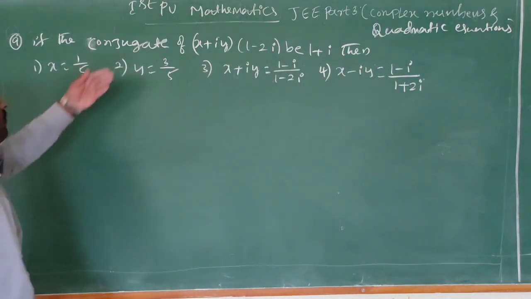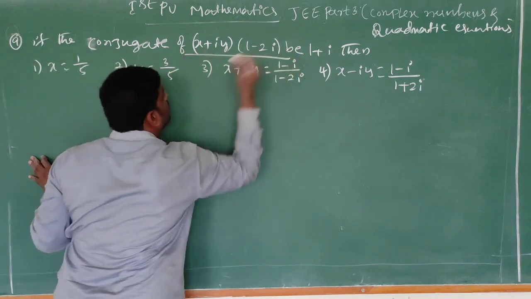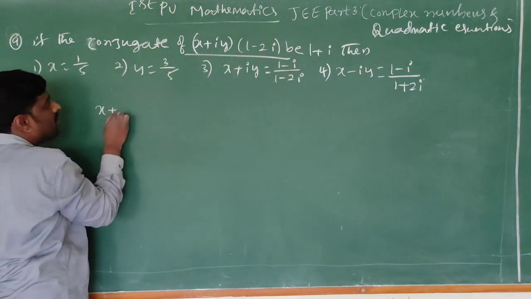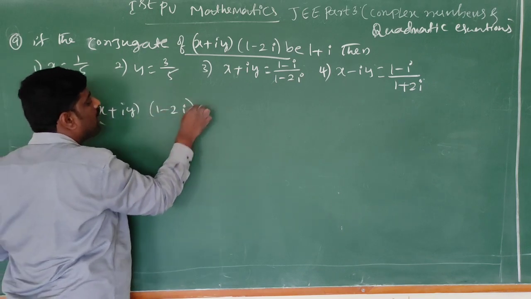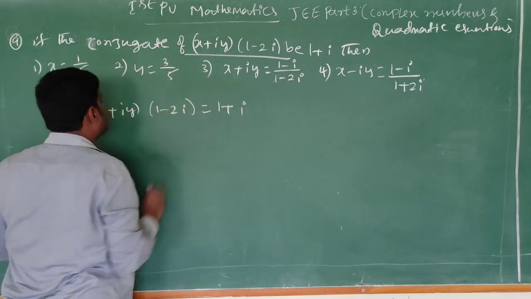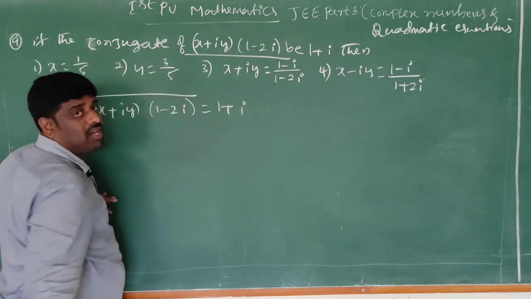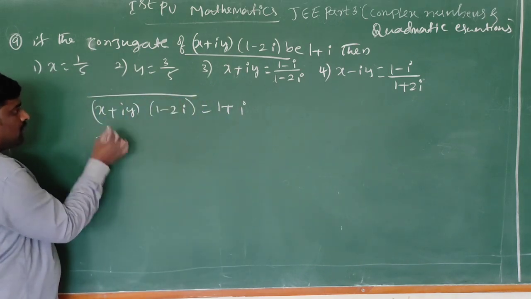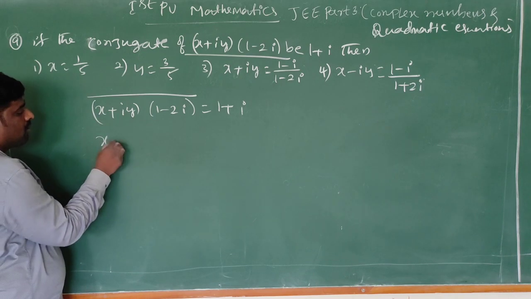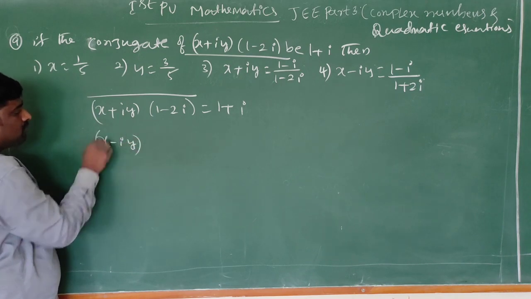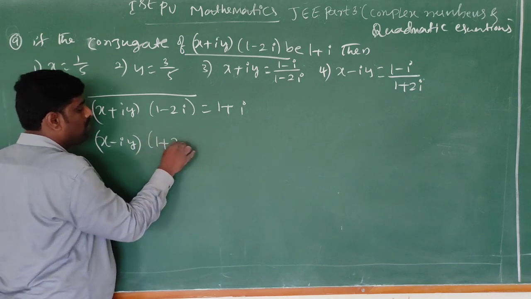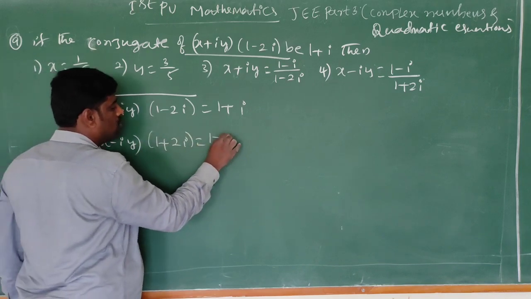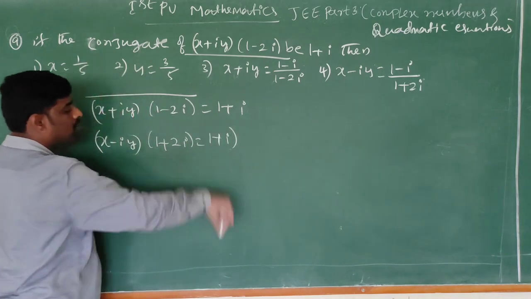Dear children, conjugate of this number x plus iy into 1 minus 2i is equal to 1 plus i. For this, the conjugate is x minus iy into 1 plus 2i equals to 1 plus i.